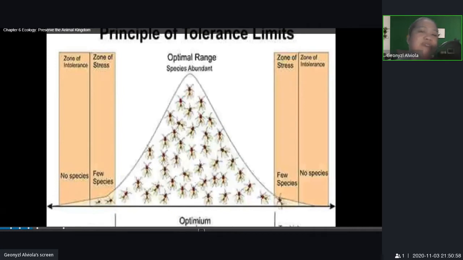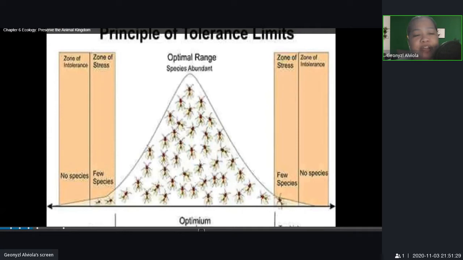Based on this graph, when we say optimal range, this is the favorable condition for organisms to thrive in. Based on the diagram, we have here an example of ants. Ants have the optimal range of a certain aspect of their environment, so it shows a greater population of ants in a specific area.